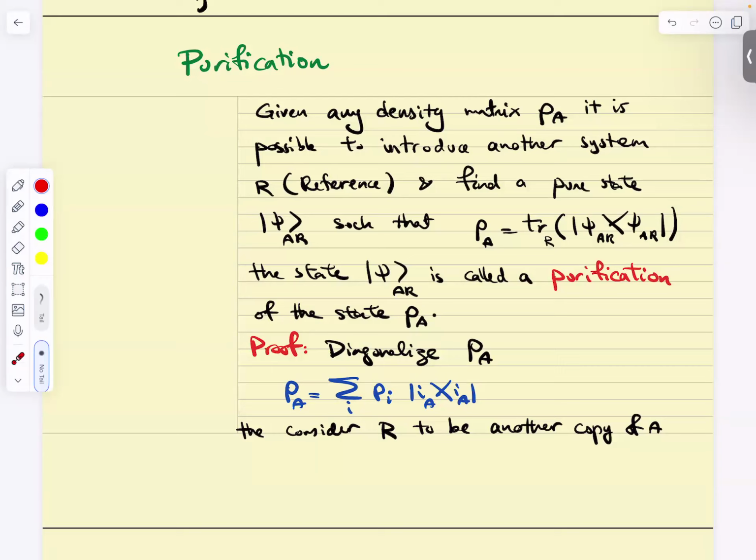Is it a state between A and R, or is it a state found in the reference system? It's a state found in the composite system of you and reference, that reduced to A gives you your state. As far as we're concerned, R is imaginary. You could always imagine.